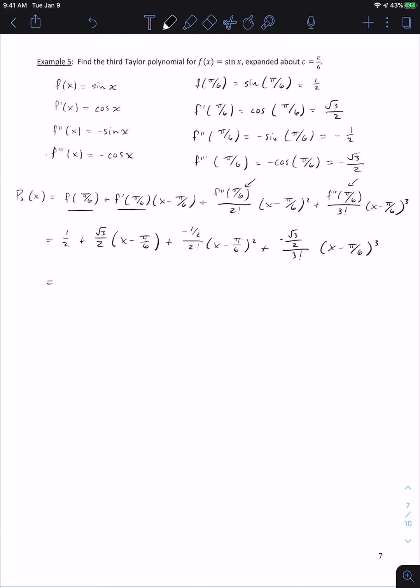Unfortunately this doesn't get a whole lot prettier. I get 1/2 plus radical 3 over 2 times (x minus pi over 6), minus 1/4 times (x minus pi over 6) squared, minus, we'll just leave this as radical 3 over 2 times 3 factorial times (x minus pi over 6) cubed.